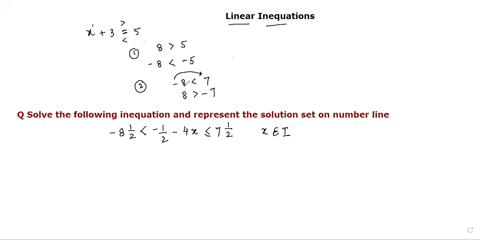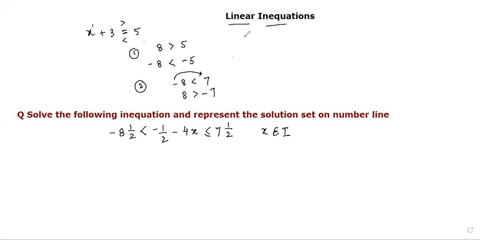Let me explain it once again. Minus 8 is less than 7. So I have thrown this minus sign on the other side, and 8 is greater than minus 7. Basically the sign has gone to the other side and the less than has become greater than. If you know these two rules, you can solve any possible question in the exercise.